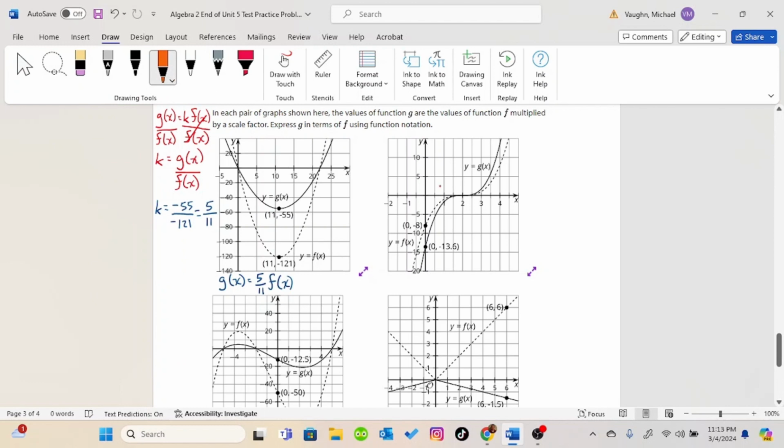Now on the top right, we're going to do the same. K equals the y value of g. G is the solid line, so the y value is negative 13.6. The y value of f is negative 8. So now we can use a calculator.